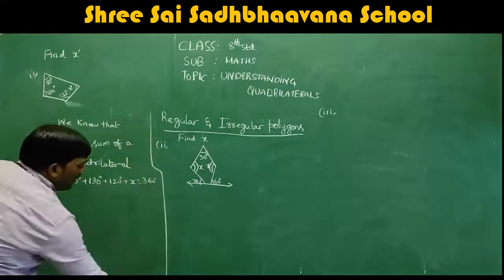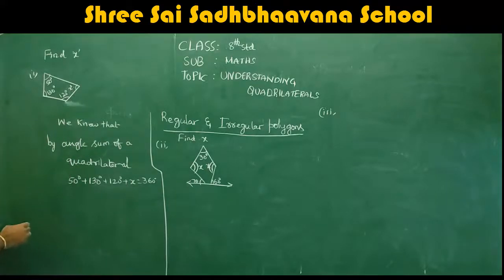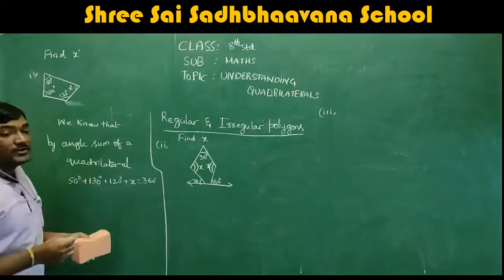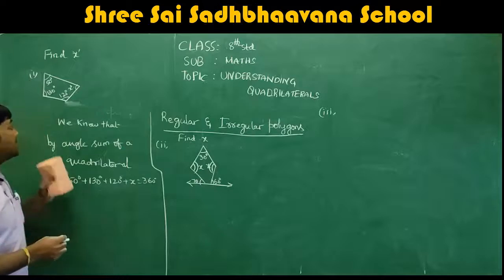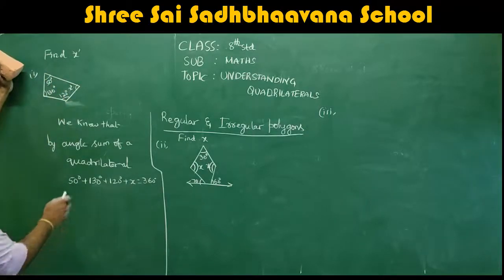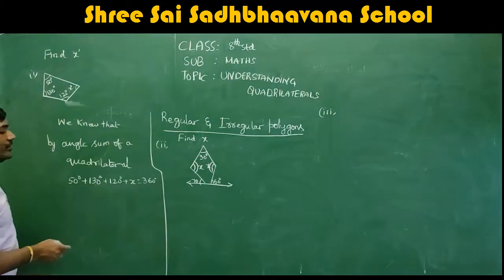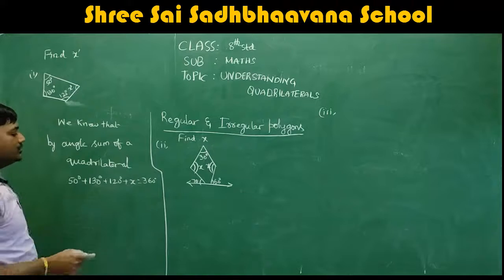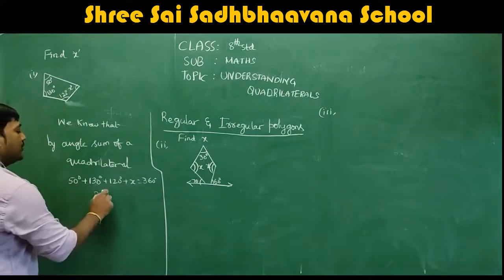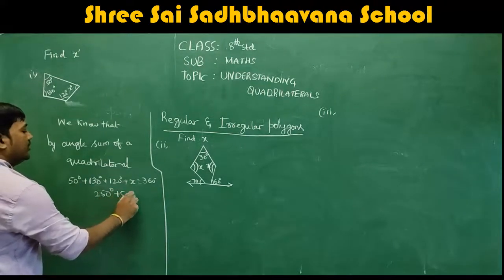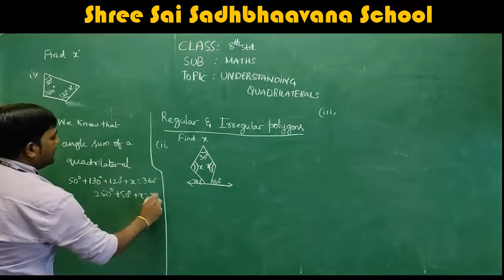Because we know the angle sum property, the sum of all the angles of a quadrilateral should be equal to 360. So I just added all the angles here. So what do you get? 130 plus 120, which is 250. Correct? 250 plus 50 plus x is equal to 360 degrees.